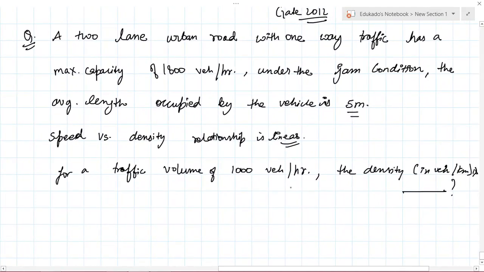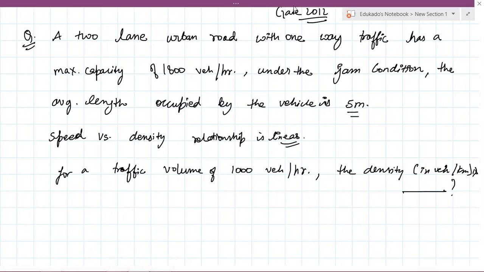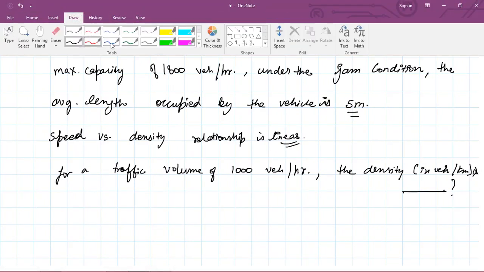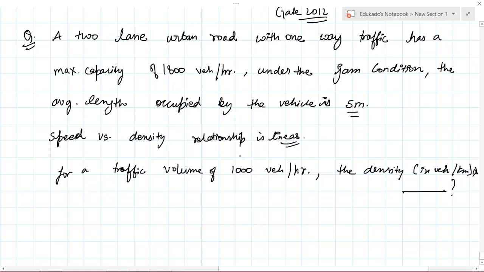So in order to attempt this question, we need to understand what we are given and how we can utilize it. We know one formula: the maximum capacity, I use the term C, equals 1000 V over S. C is the maximum capacity, and it is the same as the flow.